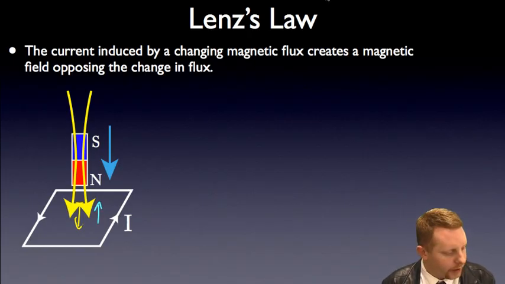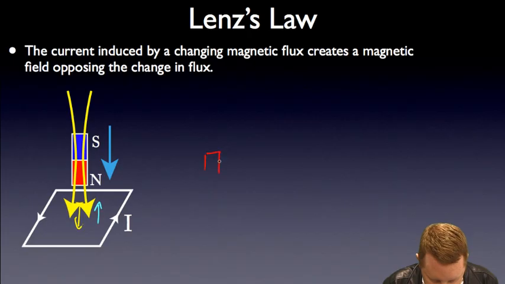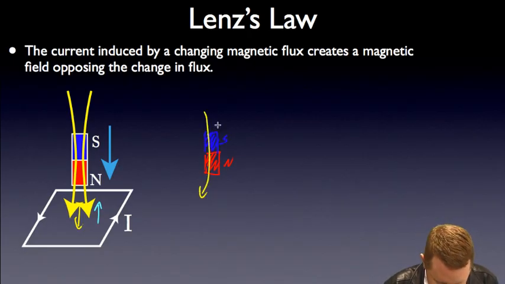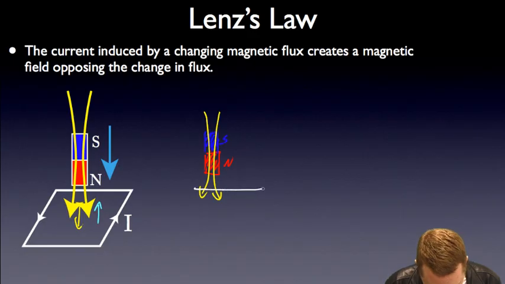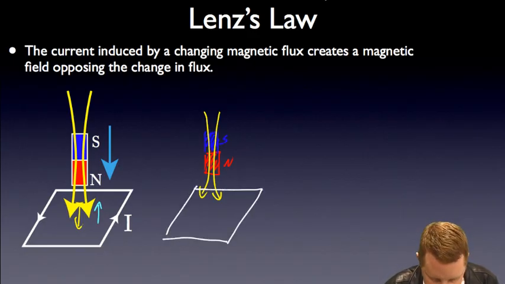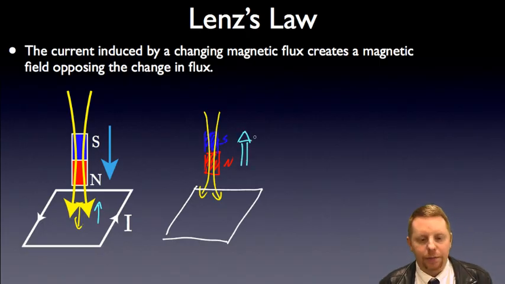To put it another way, or to look at a similar situation, let's redraw our magnets. There's north. There's our south pole. And we'll draw our magnetic field lines the same way again. There we go. And our loop of wire. Something like that. But now we have our magnet being pulled up, away from that loop.